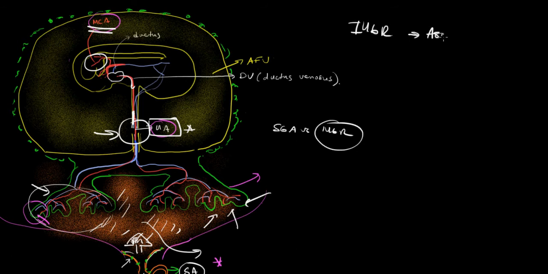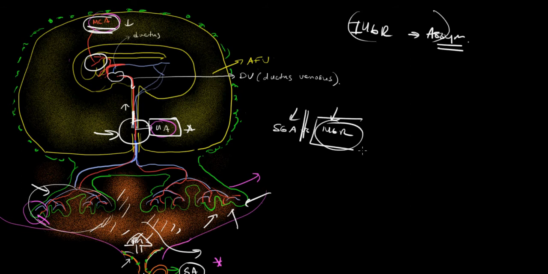And so you could start to pick that up in a rather sensitive way by looking at the resistance of the middle cerebral artery, which should be low, versus the resistance of the umbilical artery, which would be high, and taking the ratio, and that increases your sensitivity. And so now we have a better way of distinguishing SGA from IUGR, and we'll pick up more IUGRs, because by taking the ratio we increase our sensitivity.